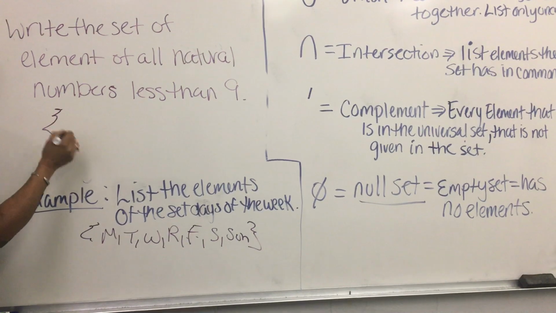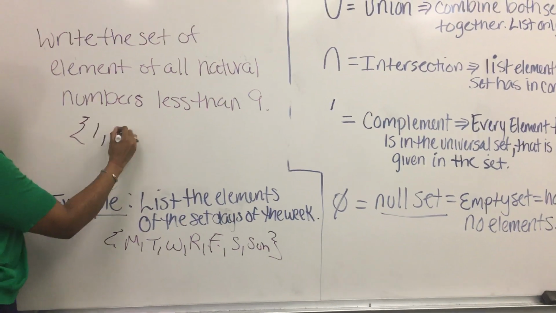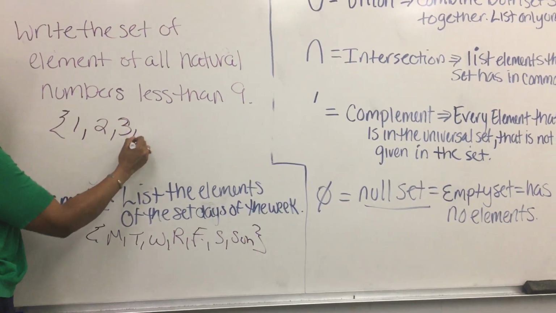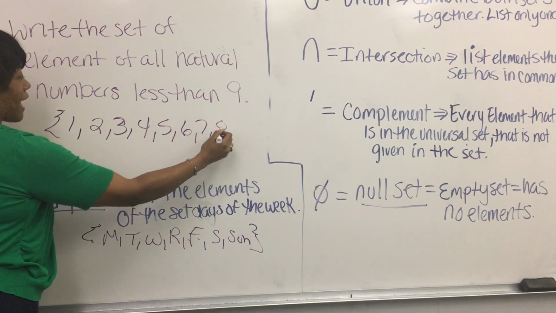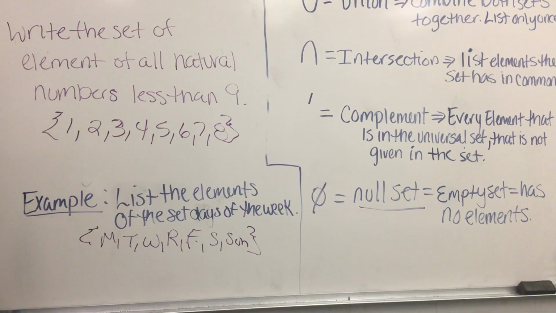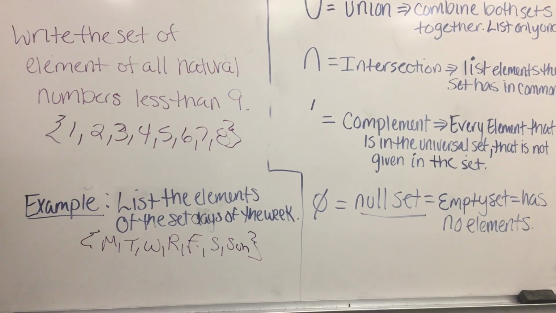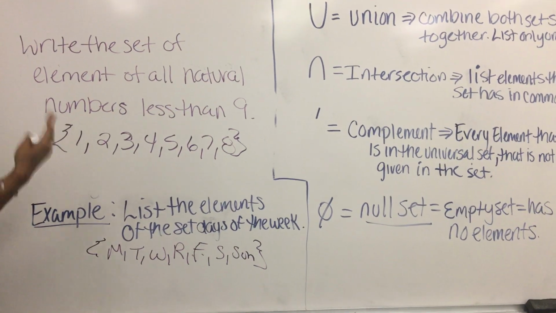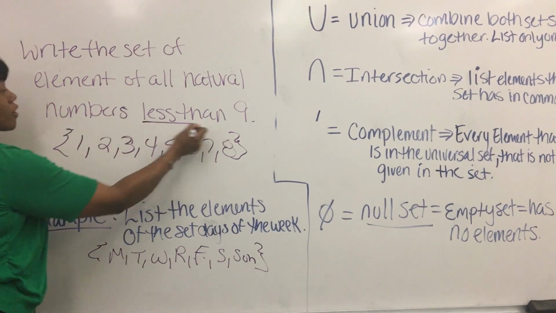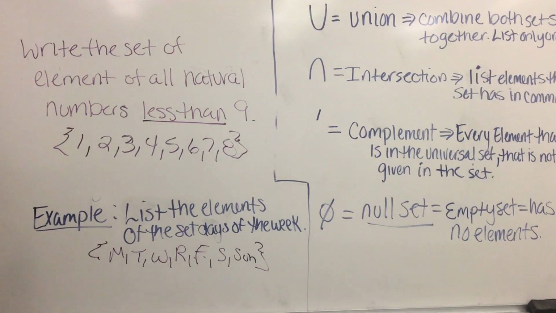So if we list the elements of this set, it would be 1, 2, 3, 4, 5, 6, 7, and 8. We would not include 9 because we're talking about the numbers less than 9, not less than or equal to 9. So pay attention to the verbiage that might be given, okay?